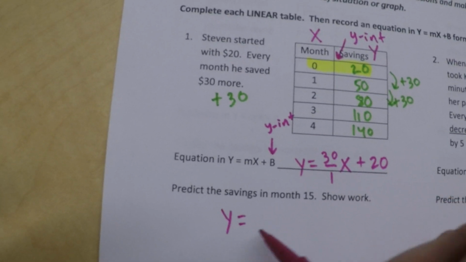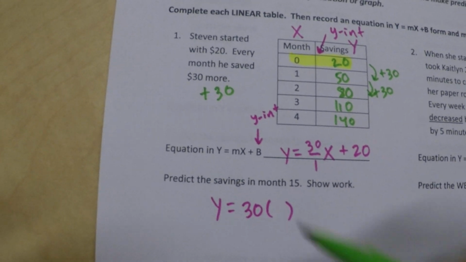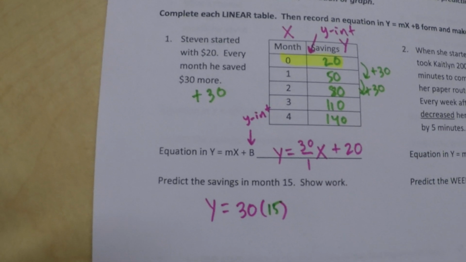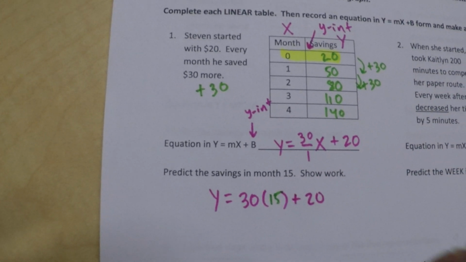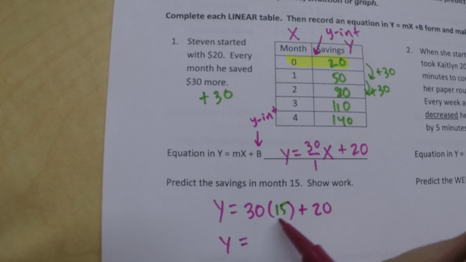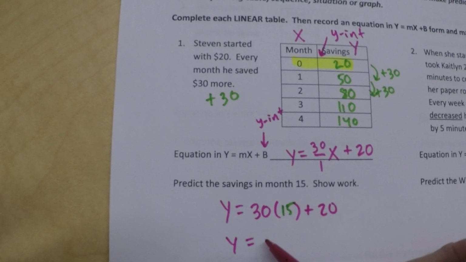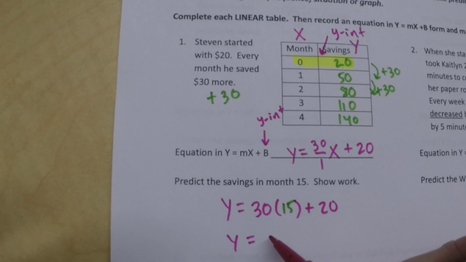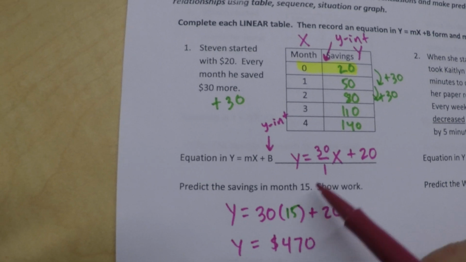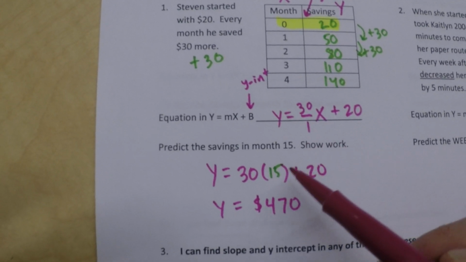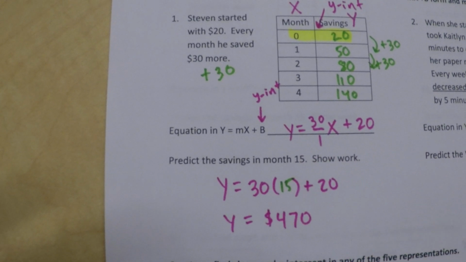So y equals 30, and instead of x, let's put 15 in, and add 20. And whatever this computation is, it's going to be our amount. 30 times 15, type it into your calculator, is 450 plus 20, $470. So by using this equation, we can put the month in, and it tells us how much money we'll have saved at that month.